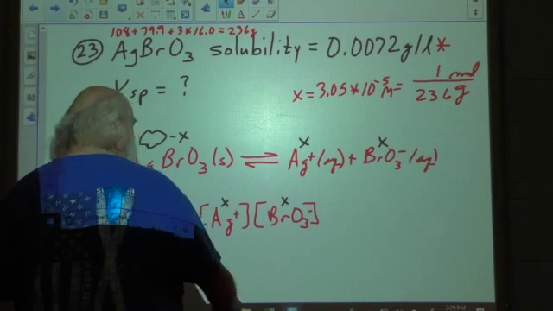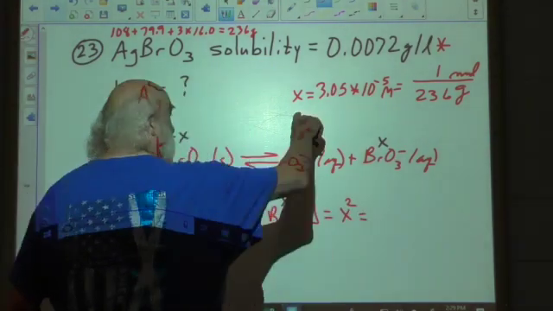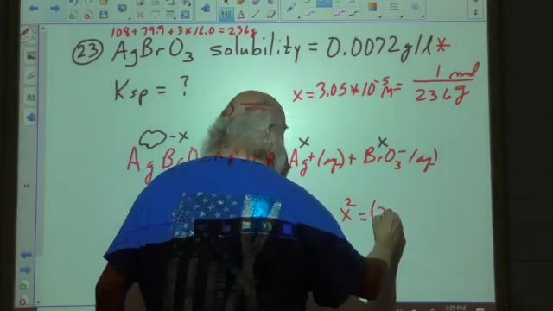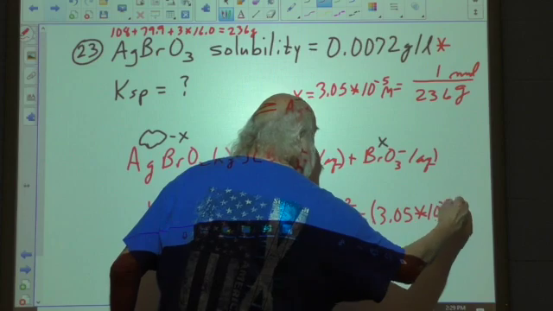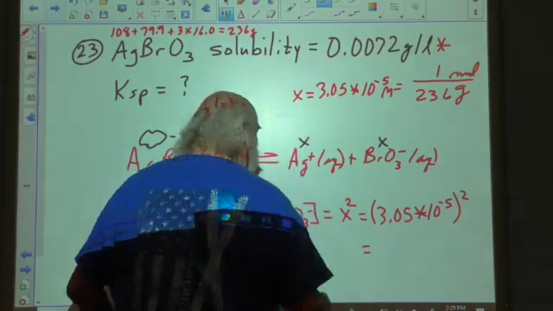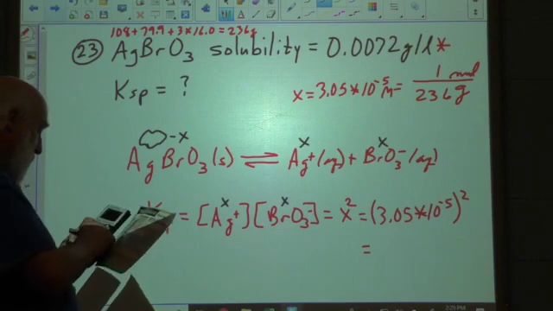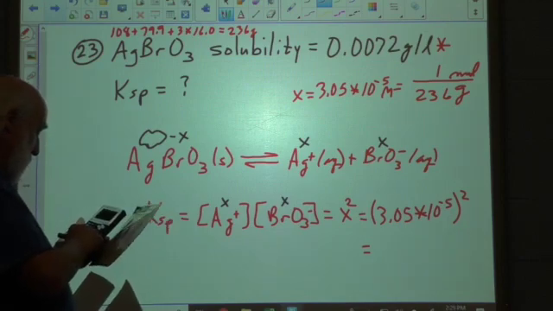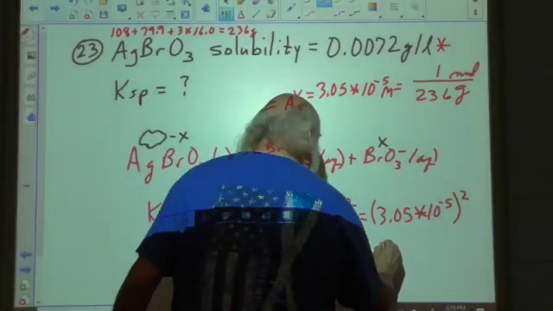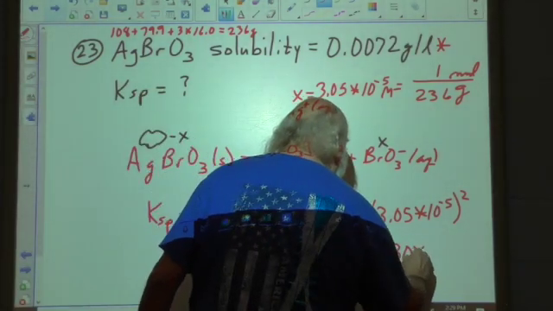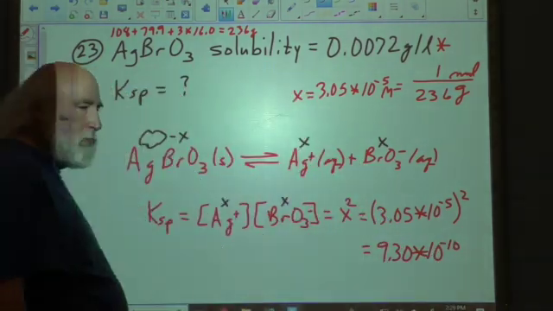So this gives us x squared. Now we said x already is 3.05 times 10 to the negative fifth, and that's going to be squared. So our Ksp, 3.05 e negative 5 squared, is 9.30 times 10 to the negative 10. And there's our Ksp.